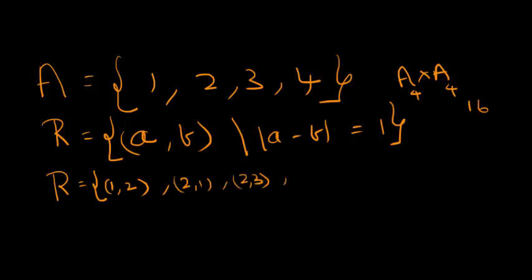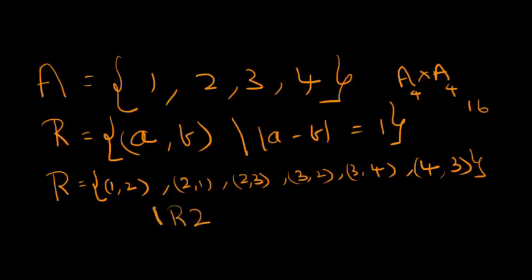The ordered pairs belonging to this relation R are (1, 2), (2, 1), (2, 3), (3, 2), (3, 4), and (4, 3), because the difference between these elements is 1, and hence I pick these ordered pairs as part of the relation R. What do I see here?